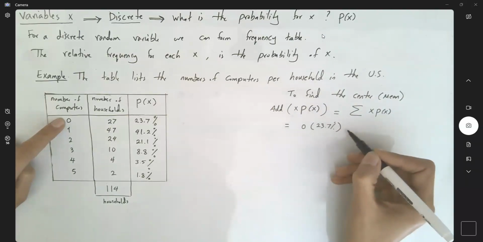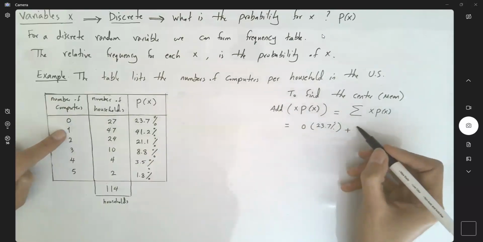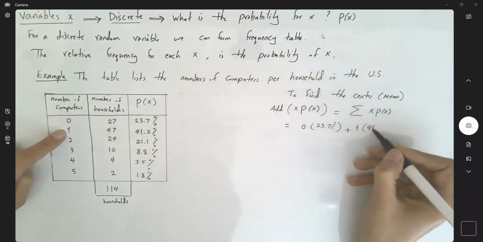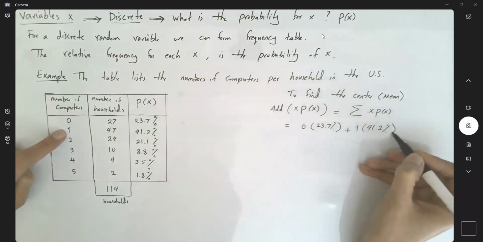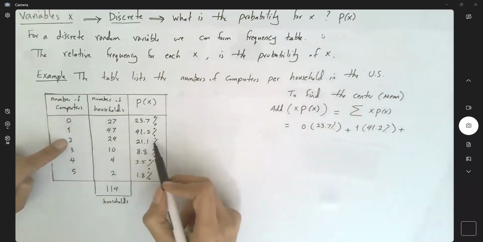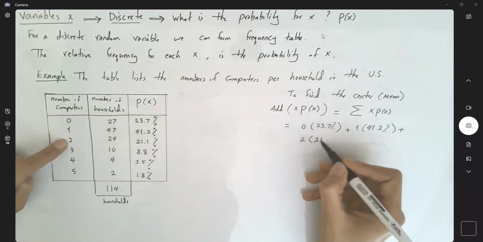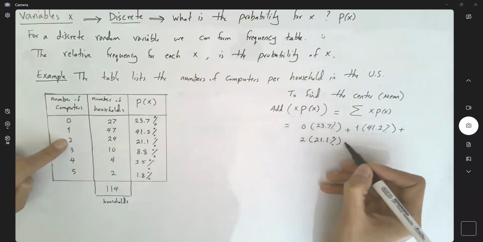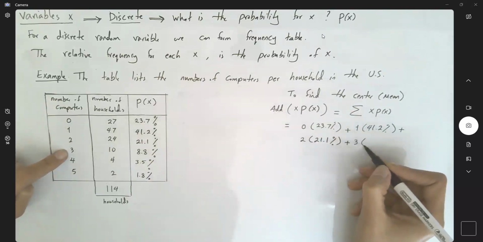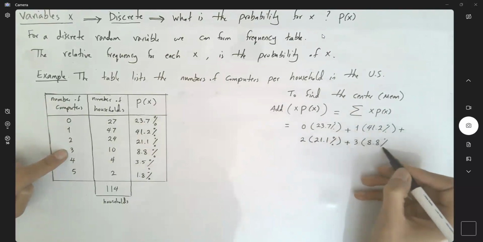23.7%. Then I go to the next variable, which is 1, multiply that by its probability, which is 41.2%. Then I'm going to go to the next variable, which is 2, and multiply that by its probability, which is 21.1%. Then I'm going to the next variable 3 and multiply that by its probability, which is 8.8%.